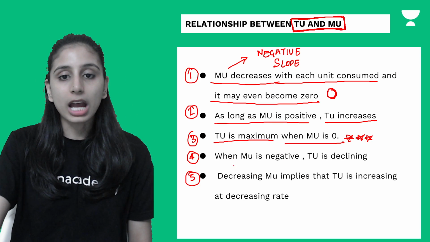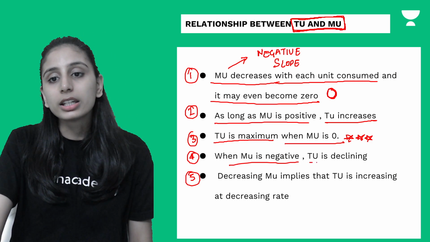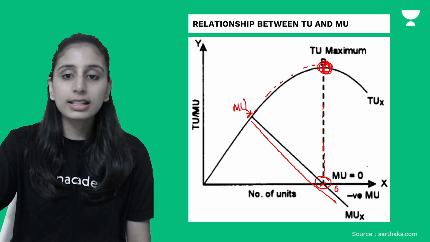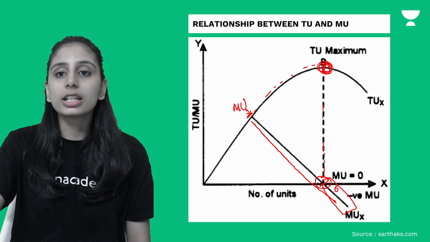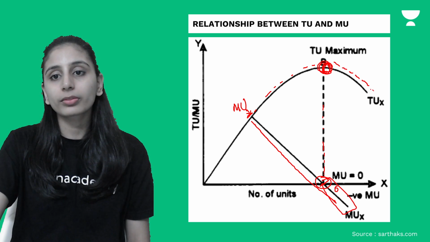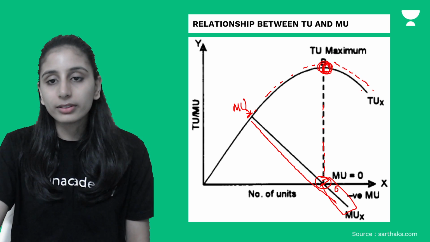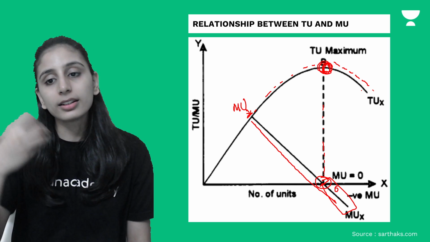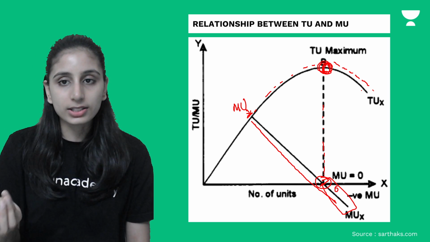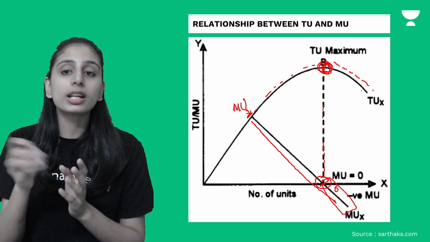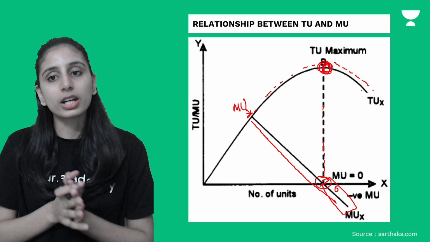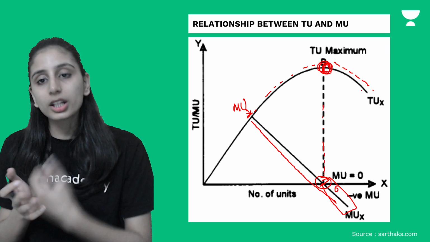Now let's see what happens when MU is negative, TU is declining. You can clearly see कि जब MU हमारा नेगेटिव हुआ यहाँ से यहाँ तक तो हमारा TU डिक्लाइन होना शुरू हो जाएगा. Which is, again I am repeating, कि मुझे नेगेटिव सेटिस्फैक्शन और डिससेटिस्फैक्शन मिलेगी, जिसकी वजह से कोई एडिशन भी नहीं होगा टोटल यूटिलिटी में, उल्टा सब्ट्रैक्शन होना शुरू हो जाएगा और जिसकी वजह से टोटल यूटिलिटी कम होनी शुरू हो जाएगी.